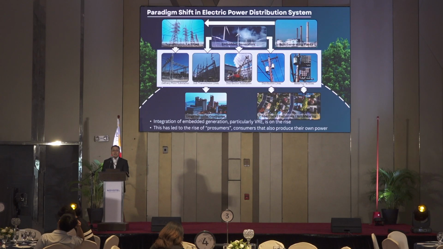Now, to describe a paradigm shift that is currently happening in the electric power distribution system. The facilities shown in the rectangle in the middle represent the facilities in Meralco's distribution system. We have our delivery point substation, which acts as the transition point between the distribution utility and the NGCP's transmission facilities.